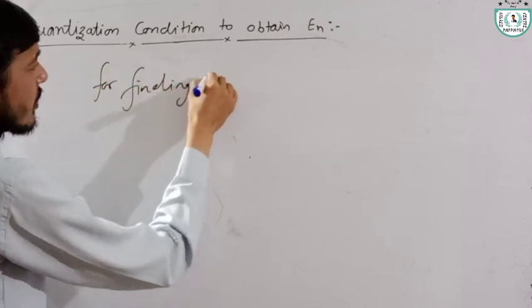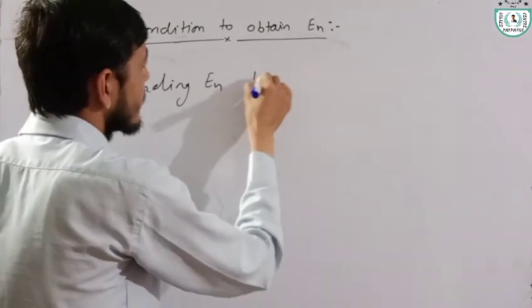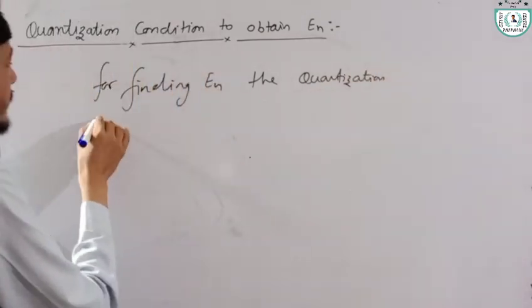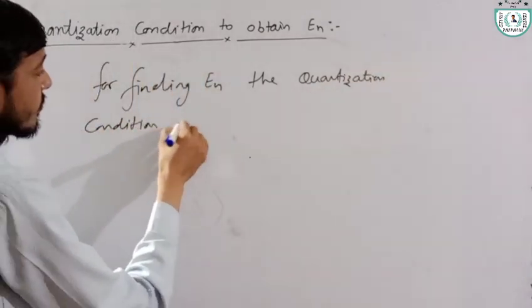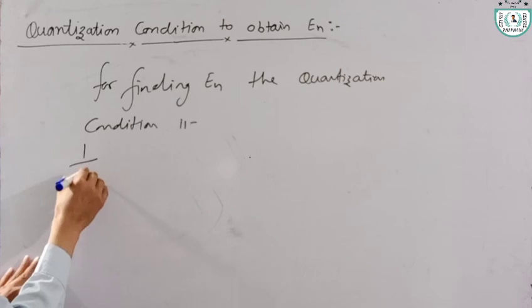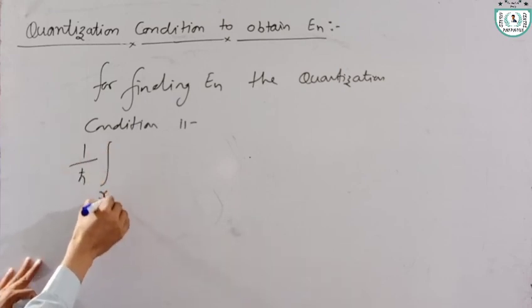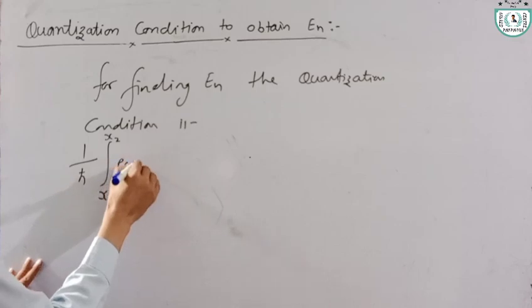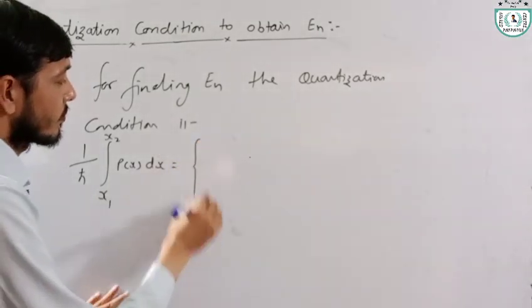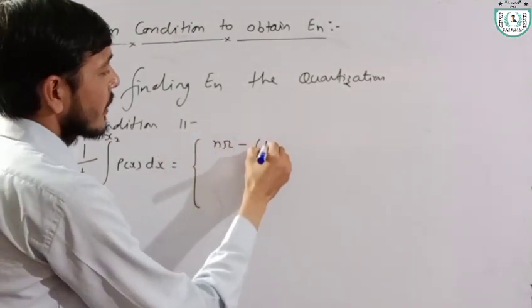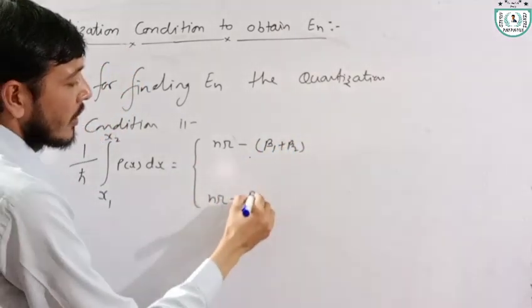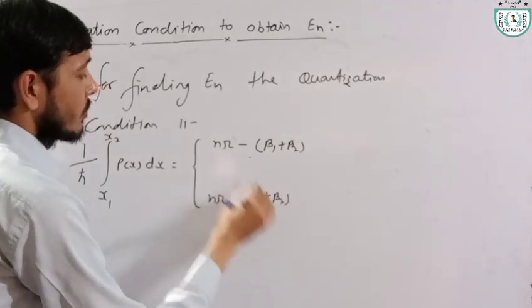For finding En, the quantization condition is 1 over h-bar integration x1 to x2 p of x dx is equal to n pi minus beta 1 plus beta 2.